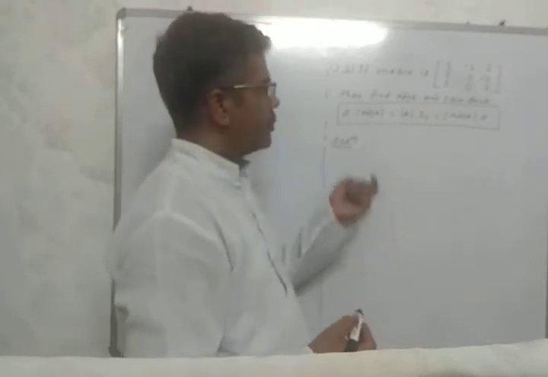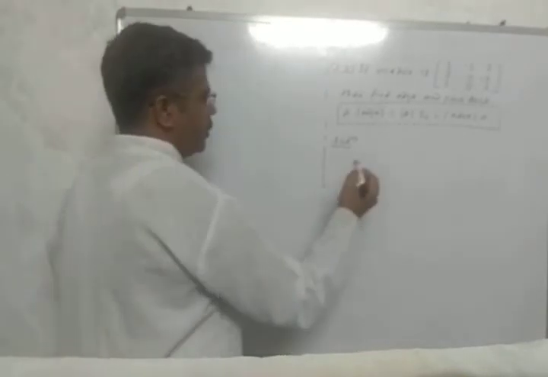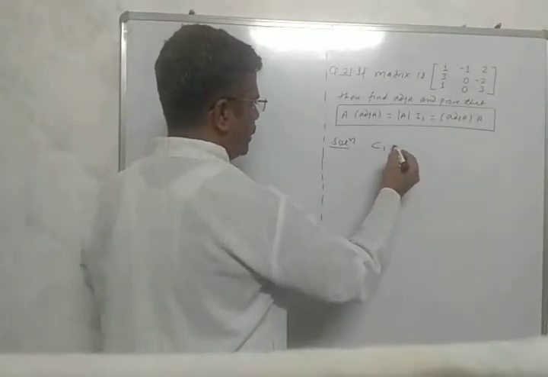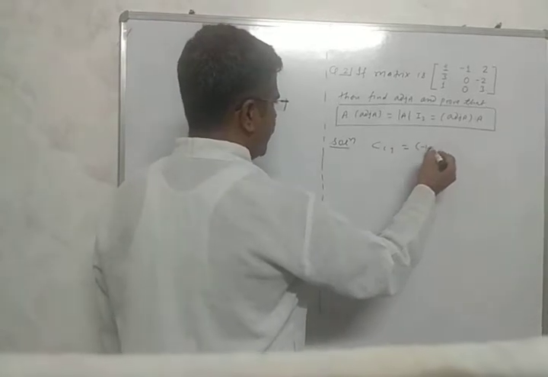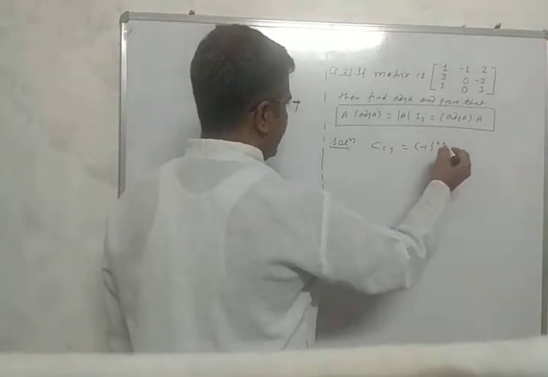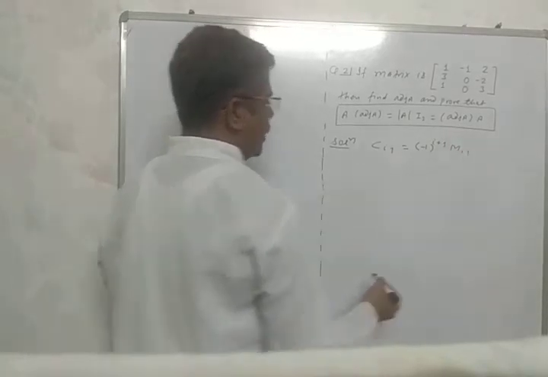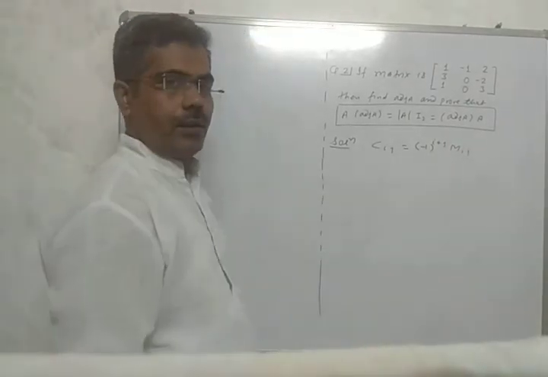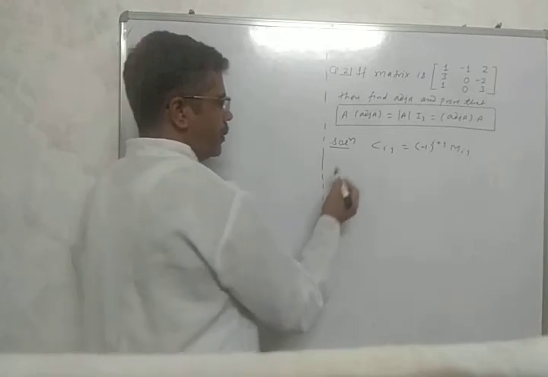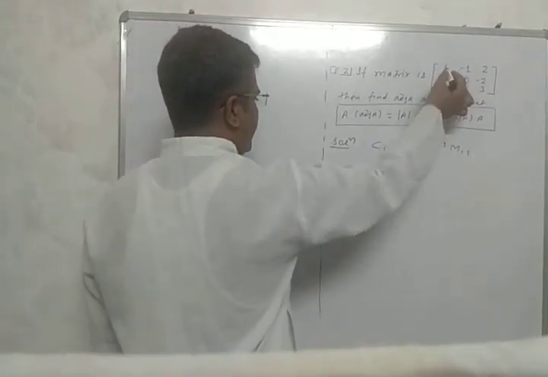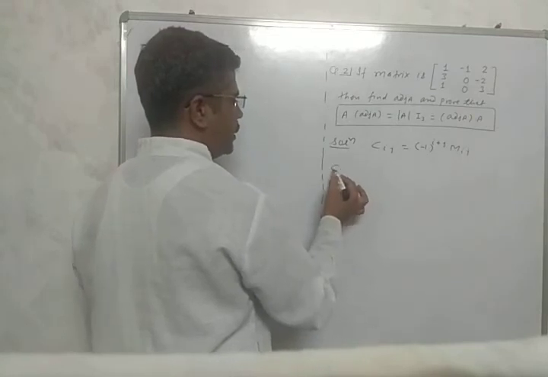the cofactor of each element. We know that the cofactor of each element is given by Cij equals minus 1 to the power i plus j into Mij, where Mij is the minor of the element. We first find the cofactor of A11, given by C11.